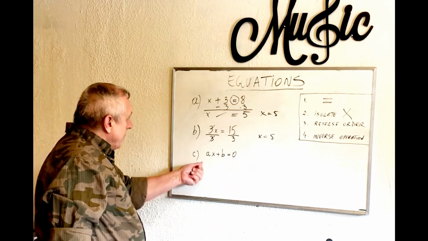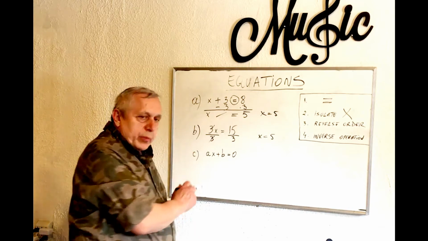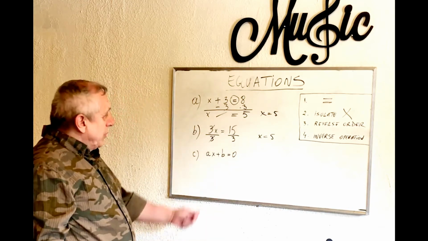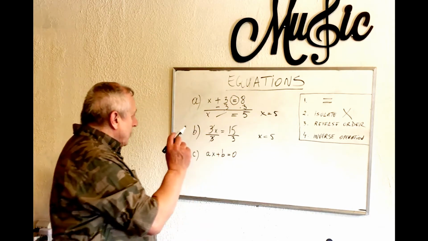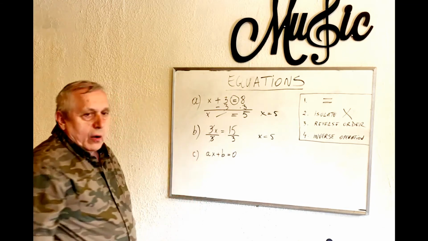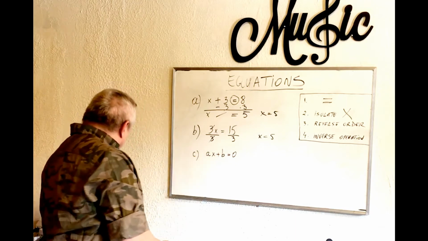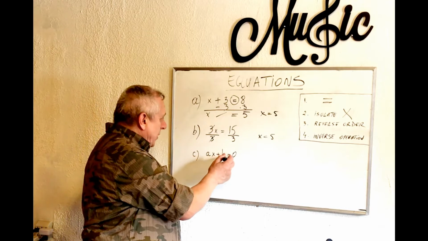The third type of equations involves two operations here. We have a multiplication and an addition. It could be a division and a subtraction. But what is important is I'm using here a general form of equations. Instead of using numbers, I'm using letters. Make it very algebraic: ax plus b equals 0.